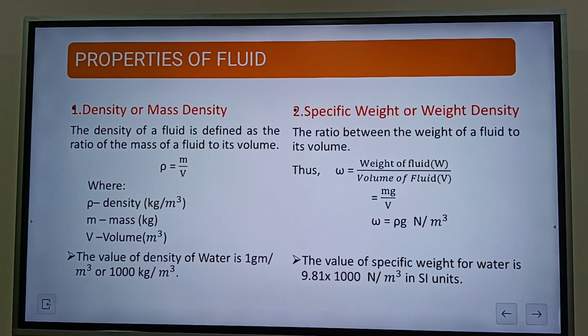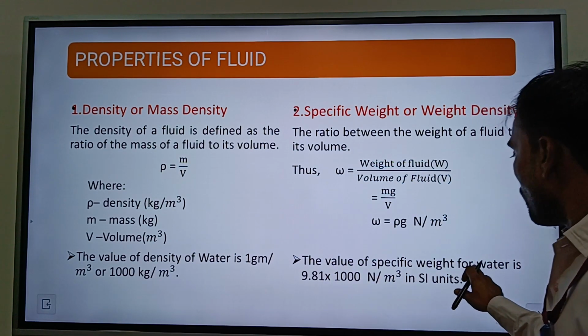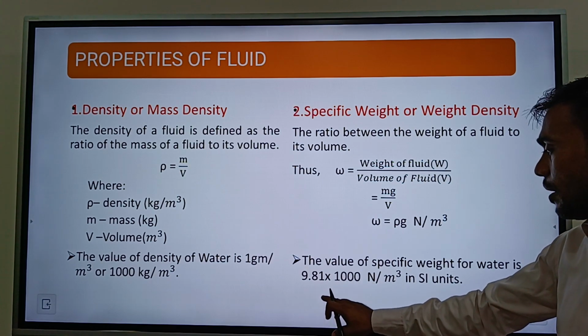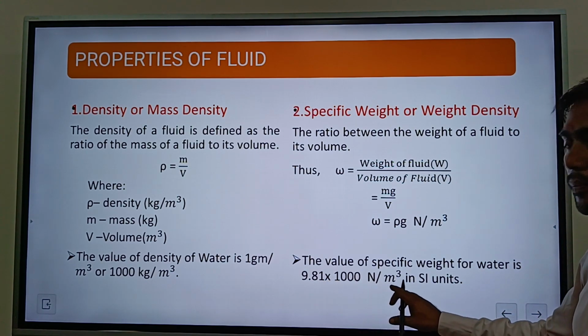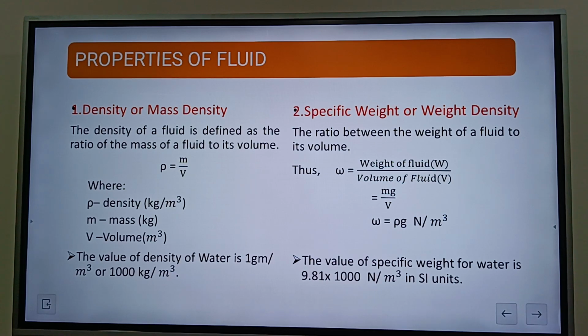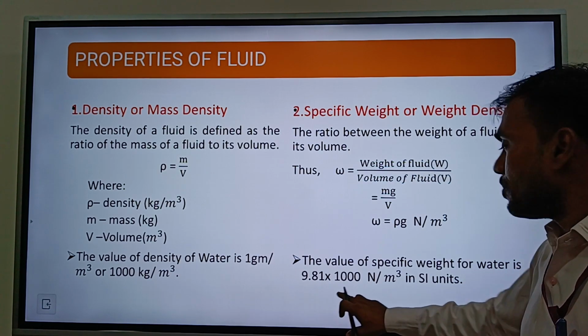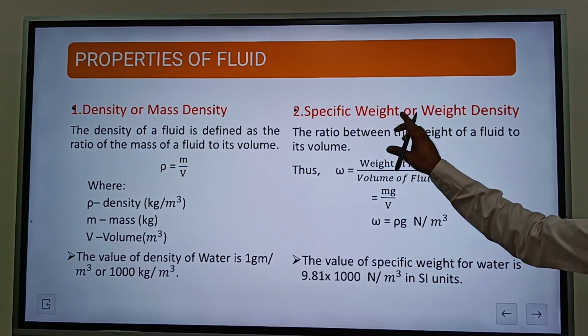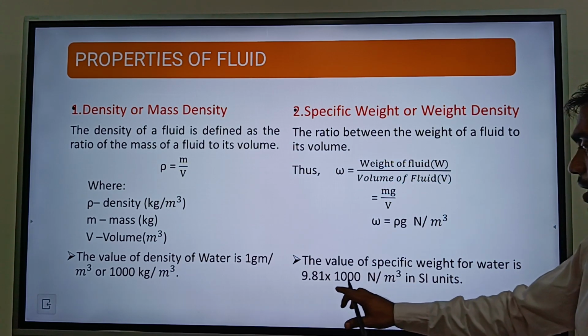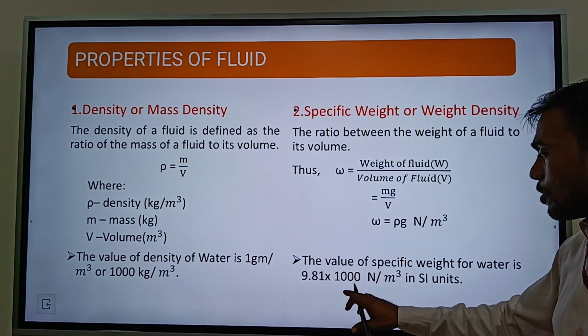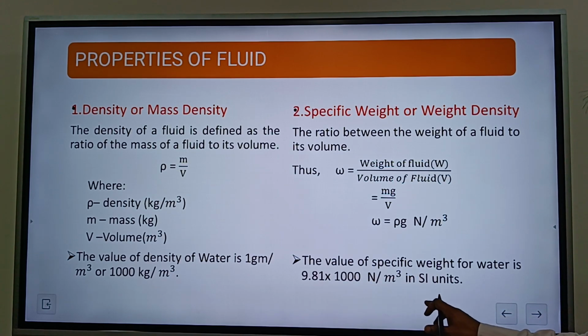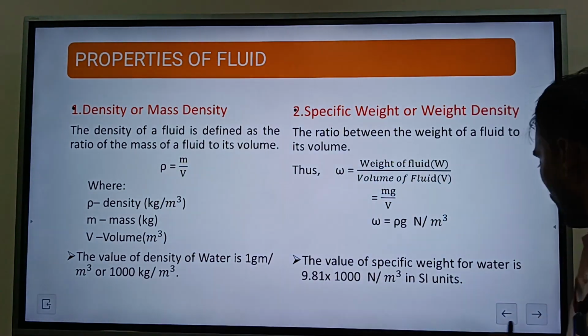The standard value of specific weight for water is considered as 9.81 into 1000 Newton per meter cube in SI units for all its applications.